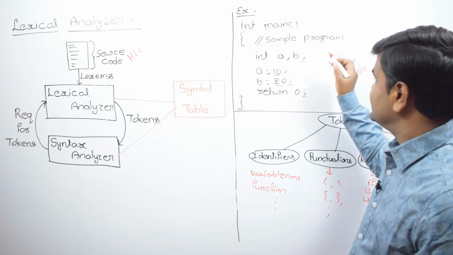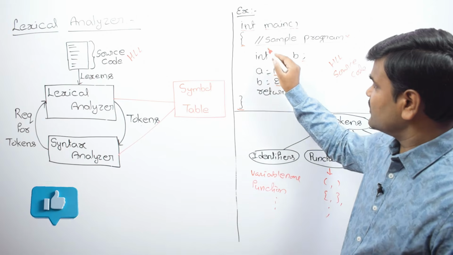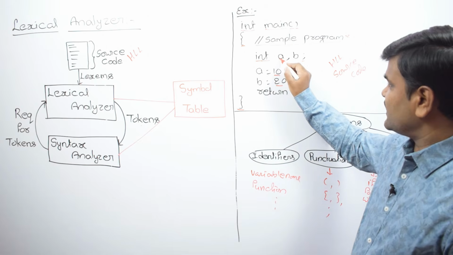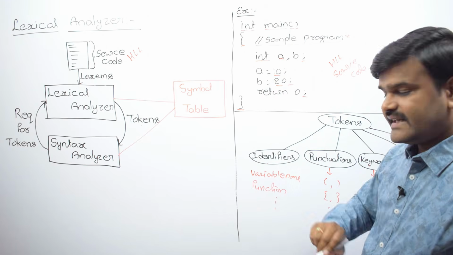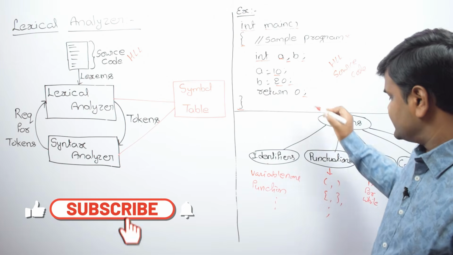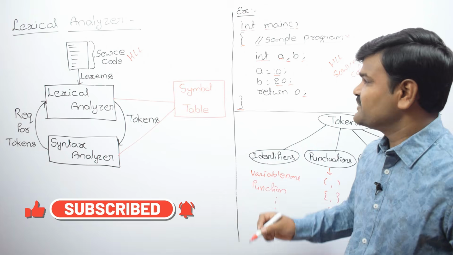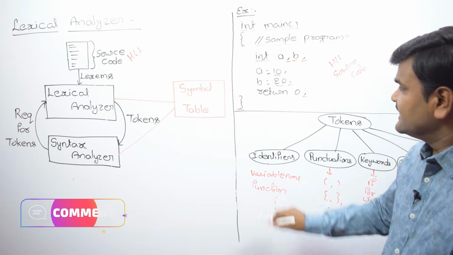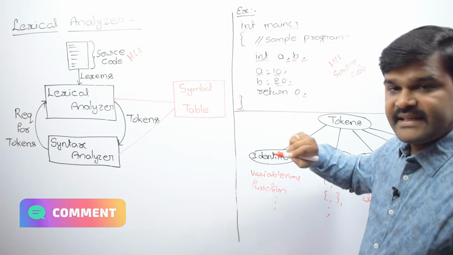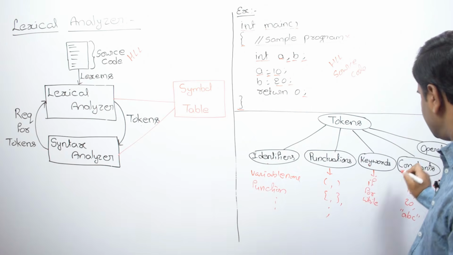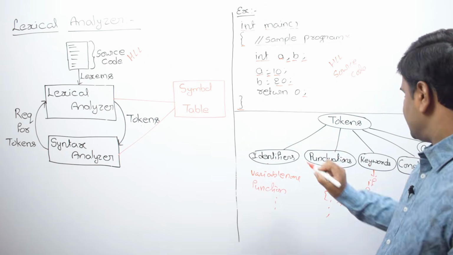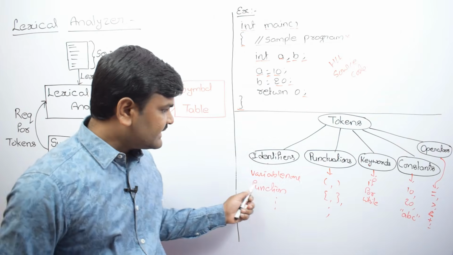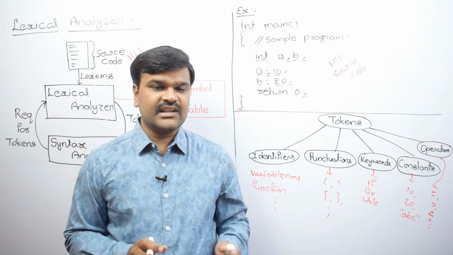Coming here, this is a keyword. A is a variable name, so it is an identifier. Comma is a punctuator, a separator. Next B is an identifier, colon is again a punctuator. Then A, a variable name, is an identifier. Equal is an operator. Then 10 is a constant. Like this, any logical unit comes under these categories, and that is why all these are called tokens.